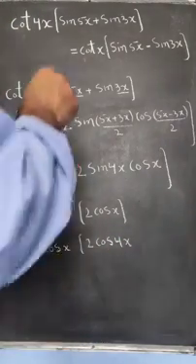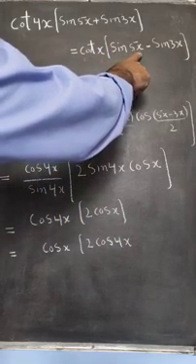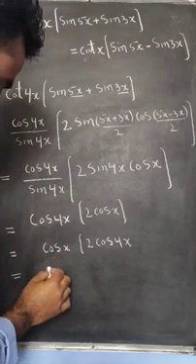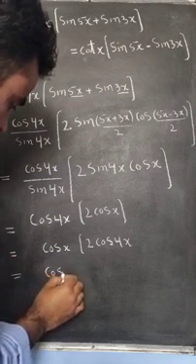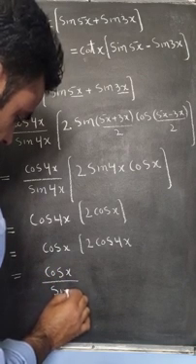Now in RHS we have cot x into sin 5x minus sin 3x. So we divide here by sine so that cos x by sin x will become cot x.